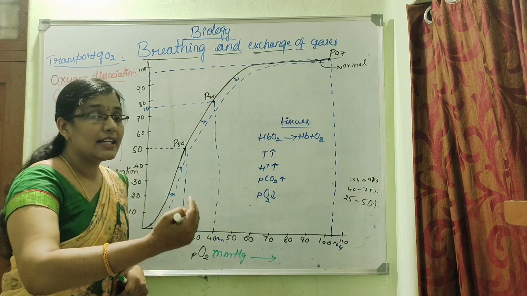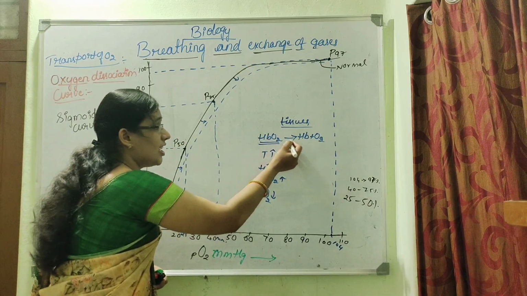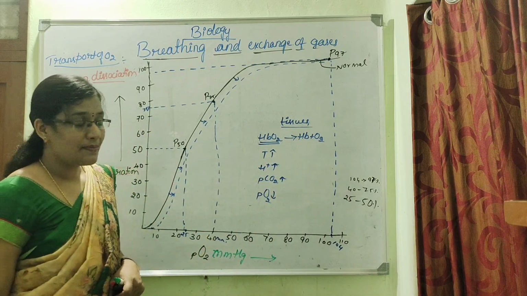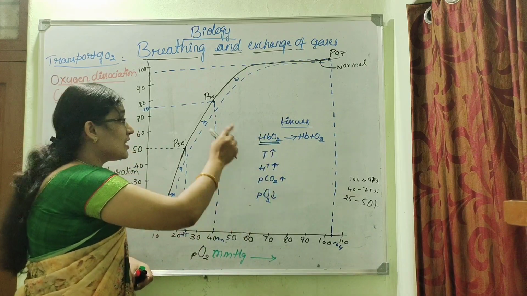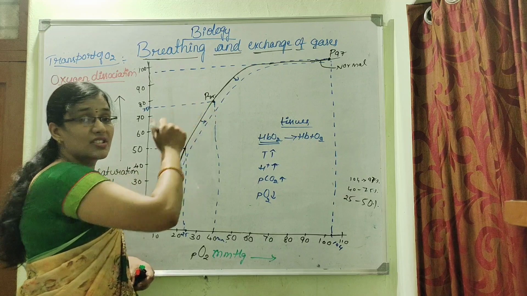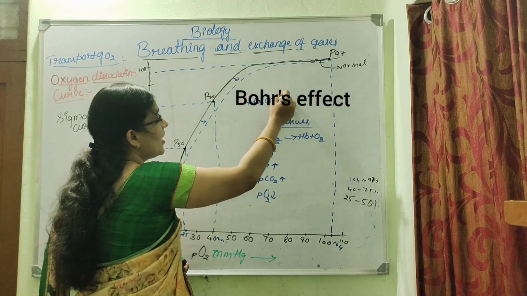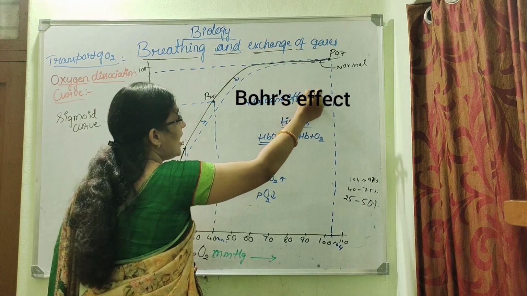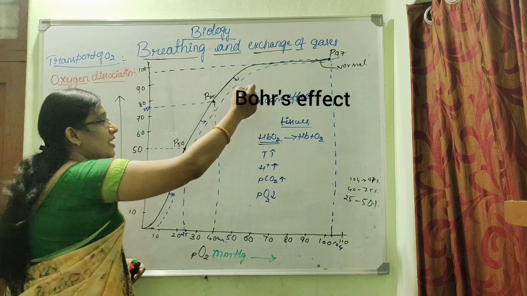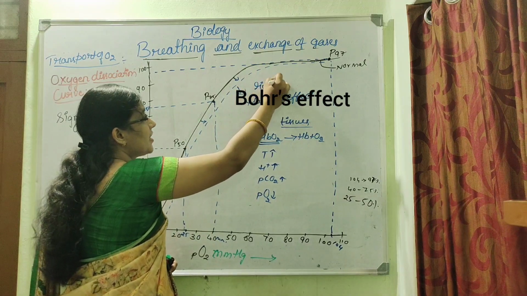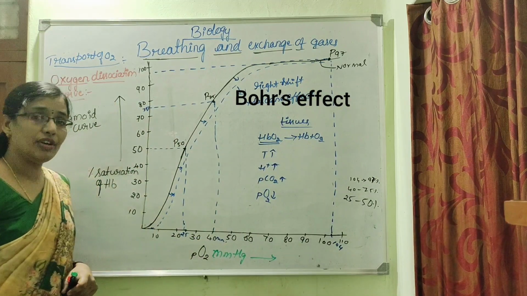Instead, dissociation of oxyhemoglobin takes place, and these are all the factors which influence the shift of the curve towards the right side, and this is called the Haldane effect. It can also be called the right shift.